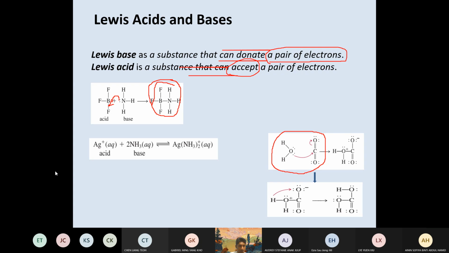And another thing: in a Lewis acid-base relation, with that exchange of electrons, they are held together. Can you tell me why? Let me make it clearer.